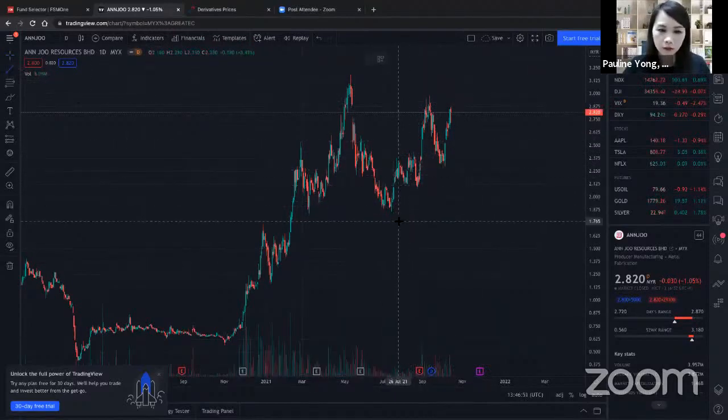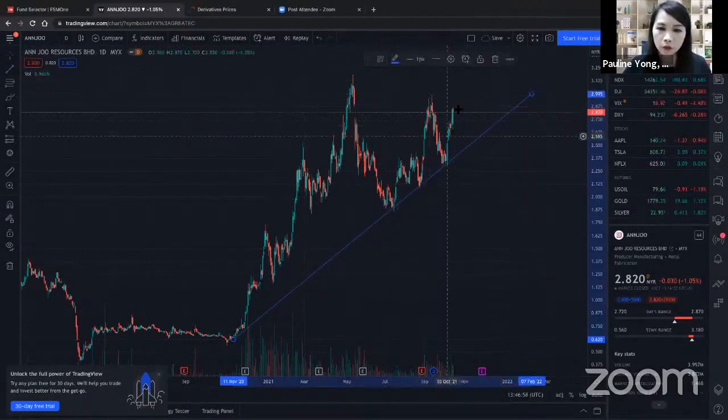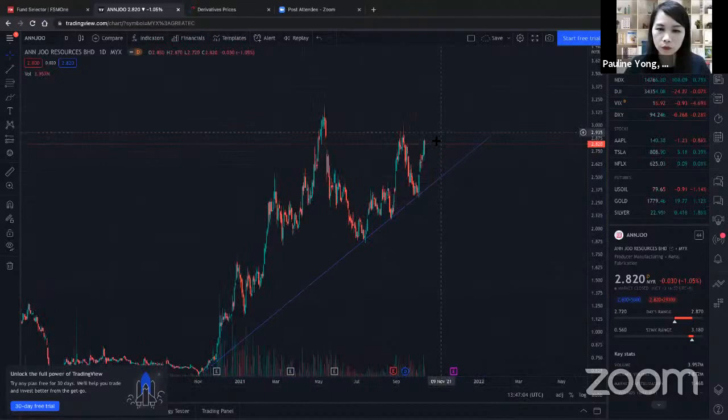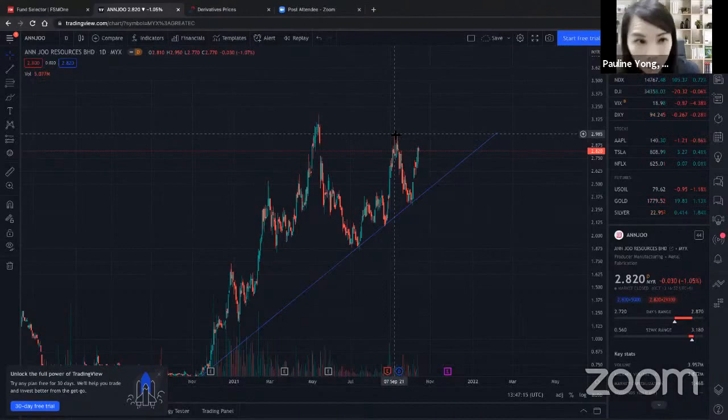If you can see that overall, this one is still an uptrend. So if this were to go up, the chances are you have to pass this first. After you pass this level, what price is that level? That level is 2.98.